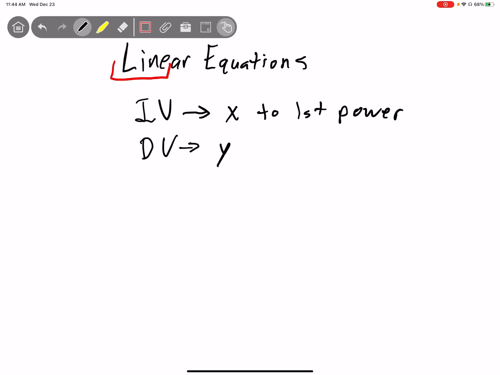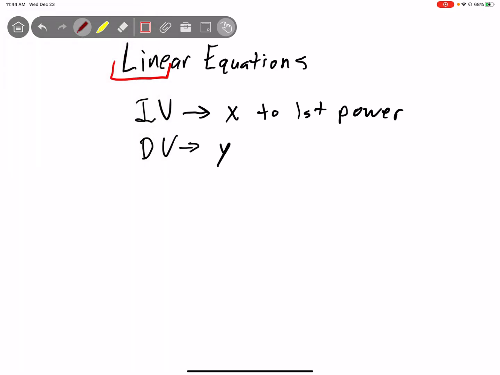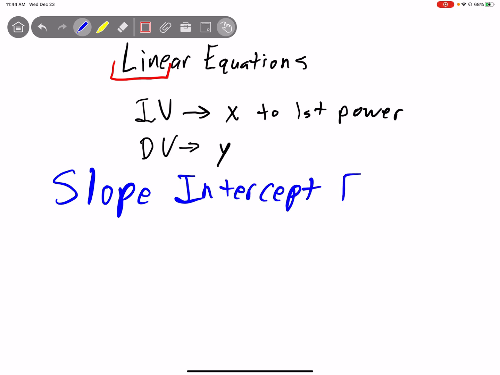Now there's a very special form of linear equations that we are going to be discussing. This is called slope-intercept form.